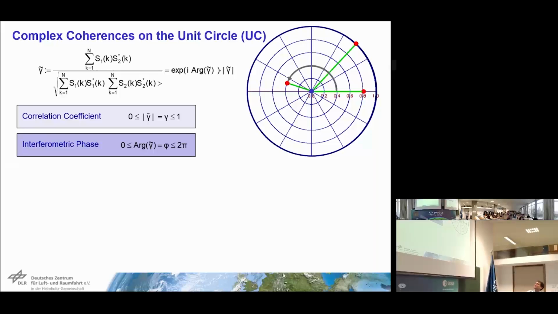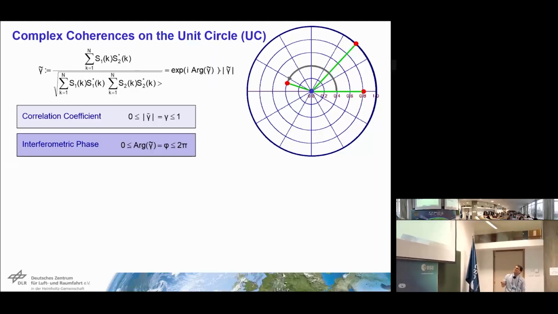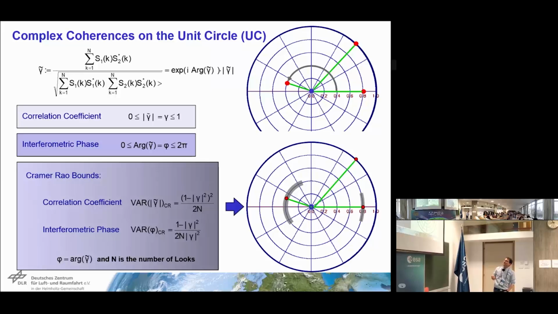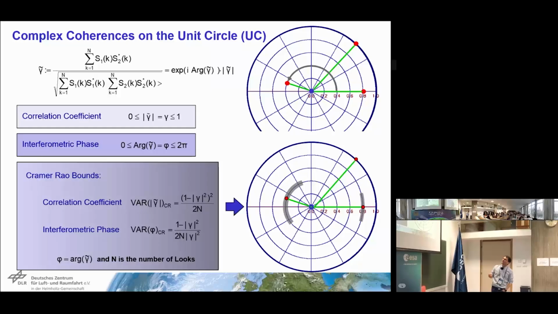Now you see these three points, and what you find out is that the ability to locate these three points on the complex plane, because of this estimation, can be calculated. For instance, you can have an idea about the variance of this ability to locate the point. The correlation coefficient is just the absolute value of the coherence.